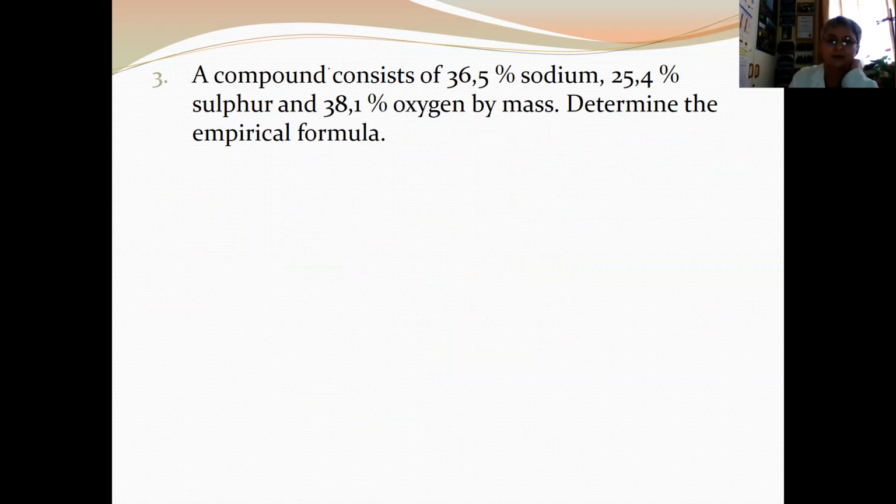So they have analyzed the compound with their mass spectrometer, and they discovered that in 100 grams of this compound, there'll be 36.5 grams of sodium, 25.4 grams of sulfur, and 38.1 grams of oxygen.